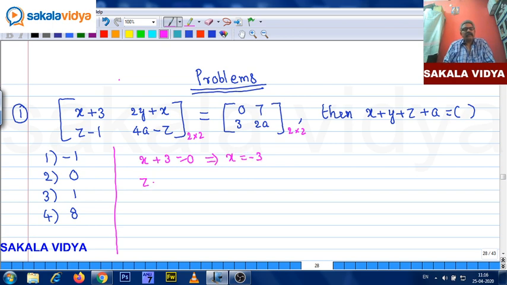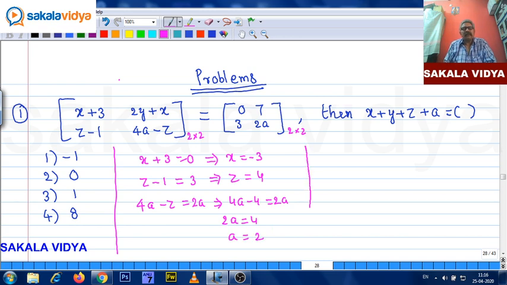Now z minus 1 is equal to 3, we have z is equal to 4. Next, 4a minus z equals 2a, that implies 4a minus 4 equals 2a, so 2a is equal to 4 and a equals 2.